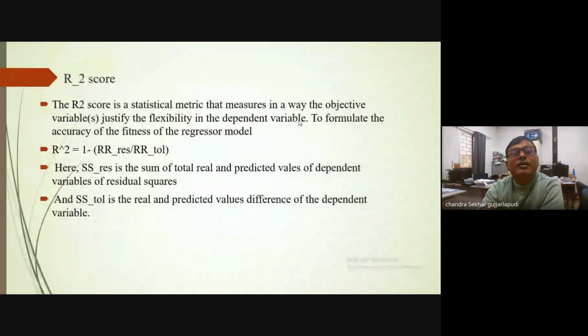We have to find the residual, which is the sum over the real and predicted values of the dependent variable, as well as the total sum, based on the mean value and the actual value difference. The ratio of these two is an important factor, and 1 minus this ratio gives you the R2 square factor.